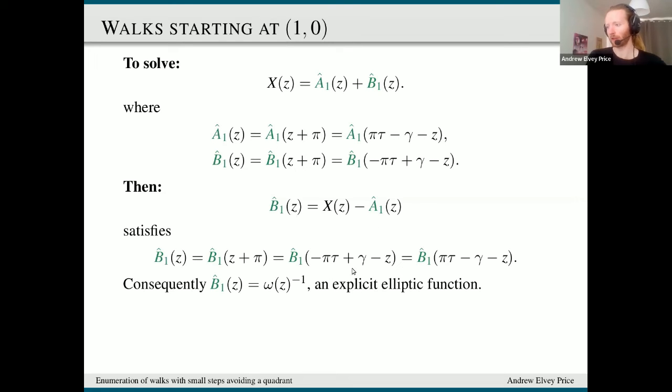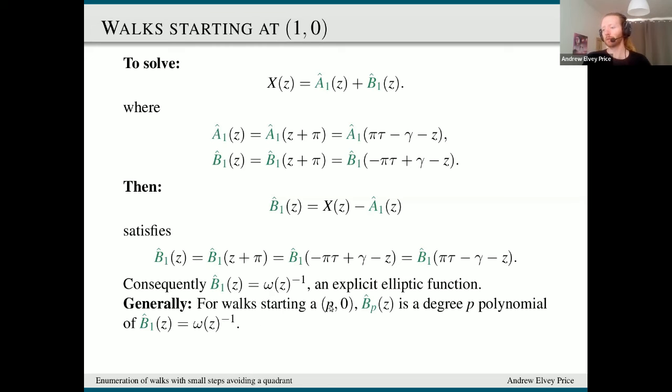If you compare these two, it means that B1 has pi as a period, and if you compare these two, it means that B1 has 2 pi tau minus 2 gamma as a period. So it's an elliptic function, which means we can solve it. And in fact, it's precisely this elliptic function where omega was the function I described on the previous slide for the integral expressions.